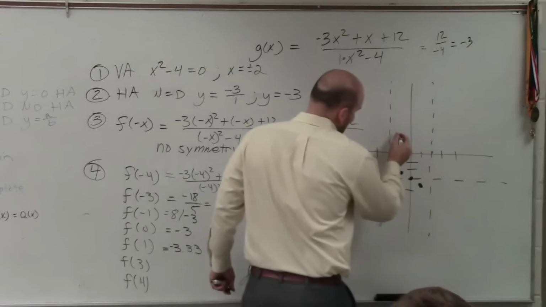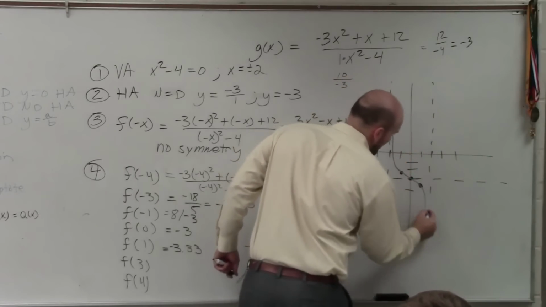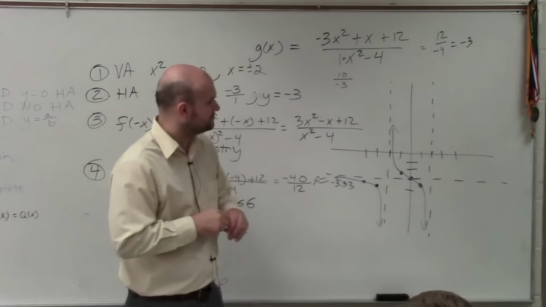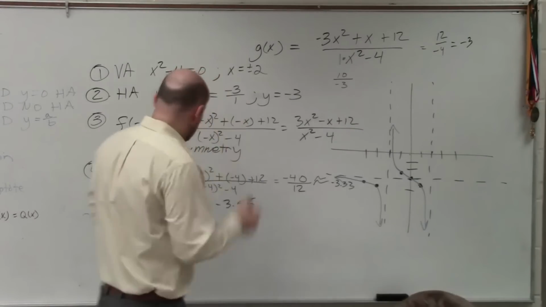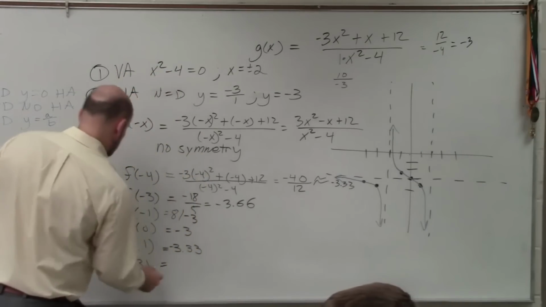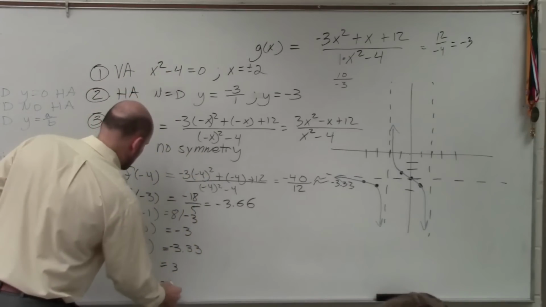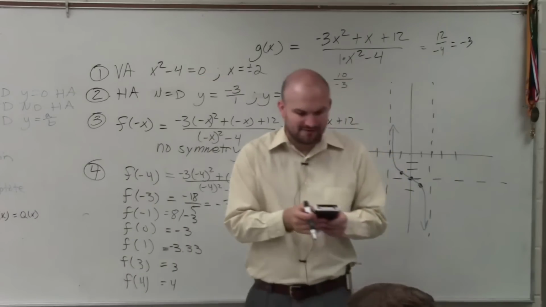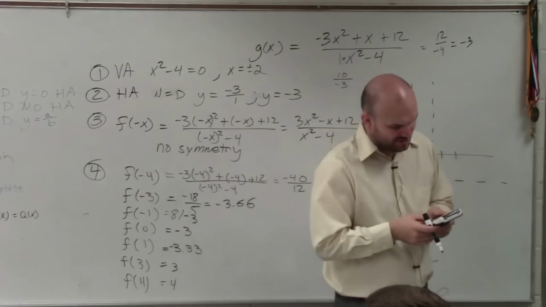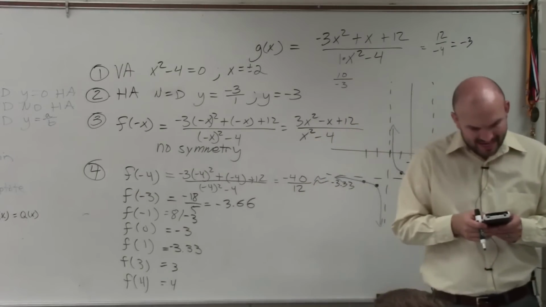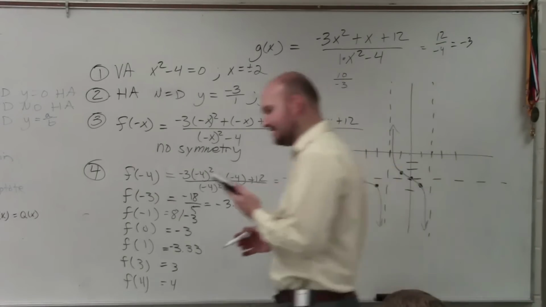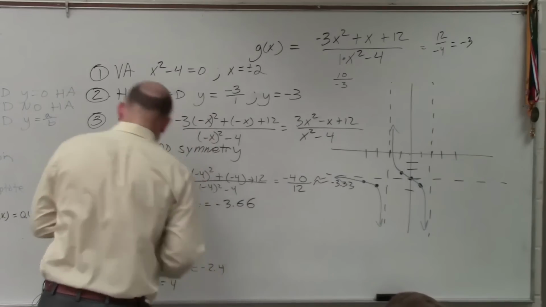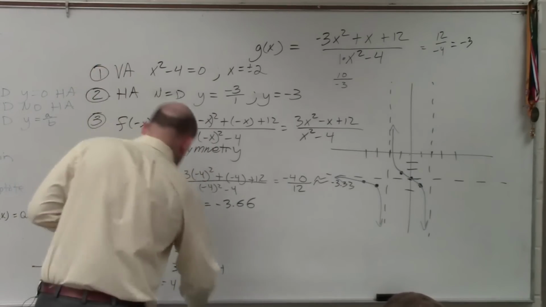Well, when you get enough practice with this, you'll see it's going to look something like that. OK? And then for 3 and 4, since I have this graph in my graphing calculator, I'm just going to go to my table function to save time. On my table function for 3, it's negative 2.4. And for 4, it's negative 2.67.